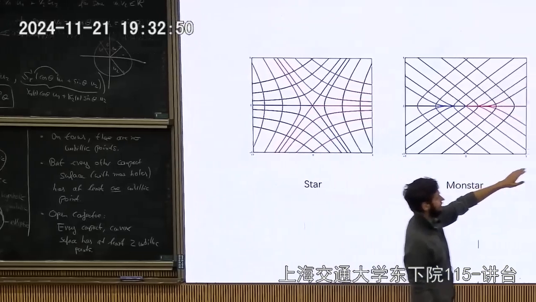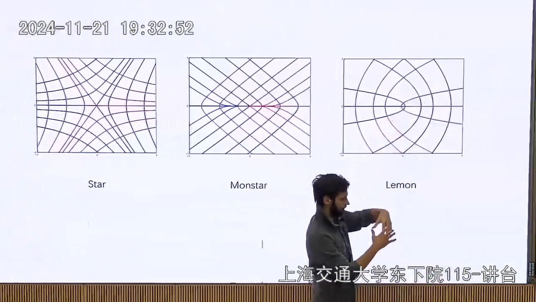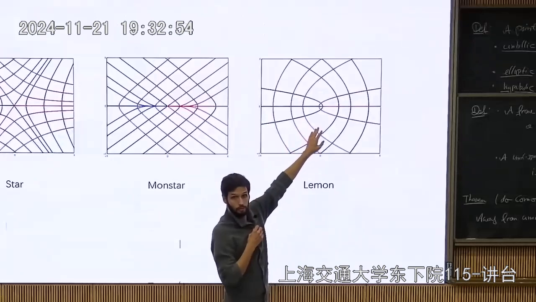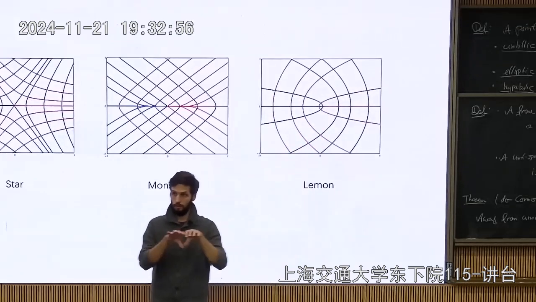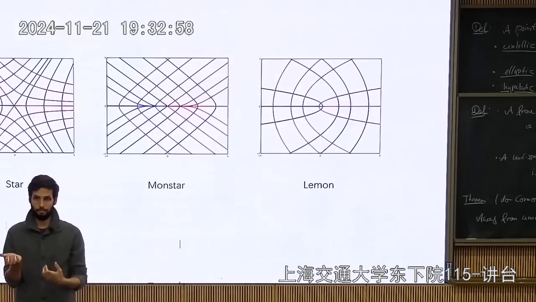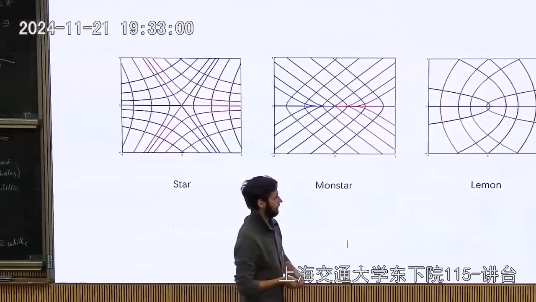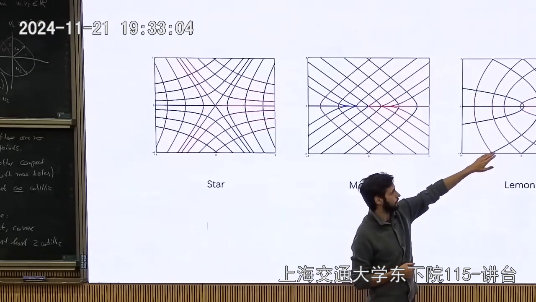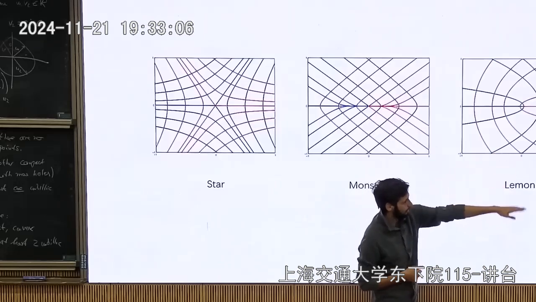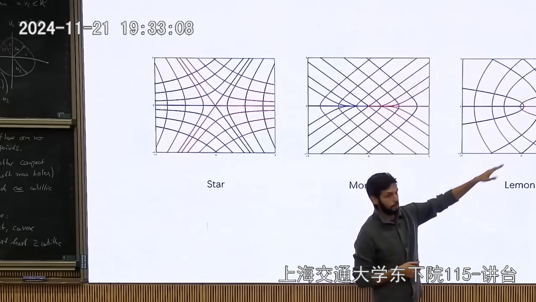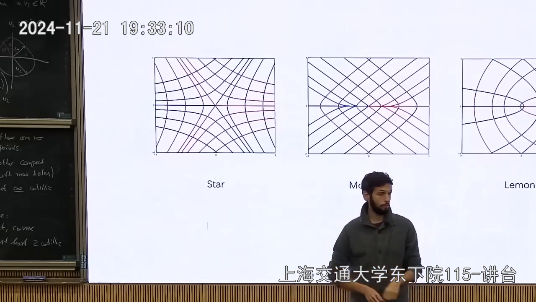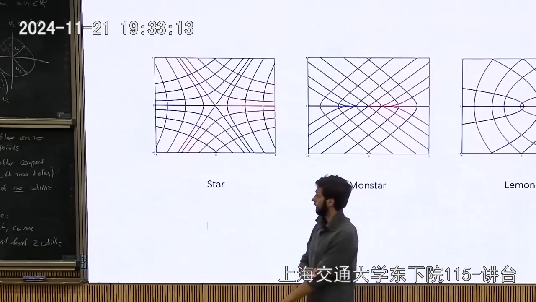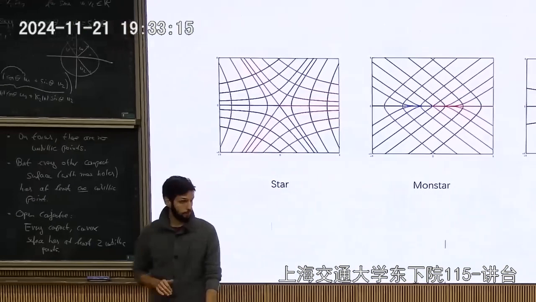And the lemon, it's like if you buy a lemon in the supermarket and draw the principal curvature lines, or the lines of curvature, then it looks like that on some patches. So that's why it's called a lemon.